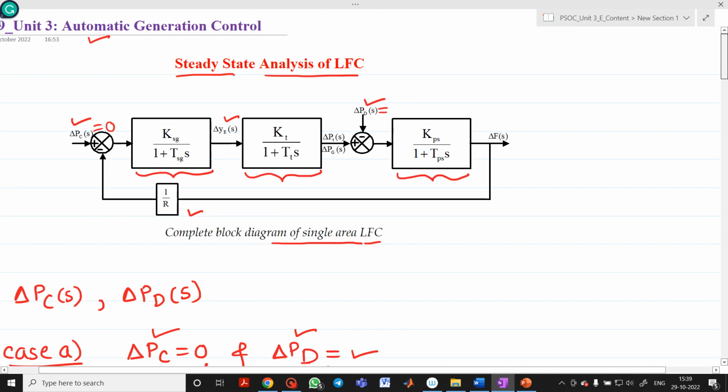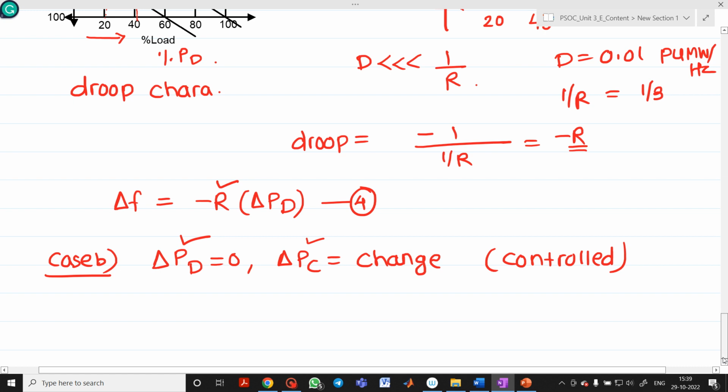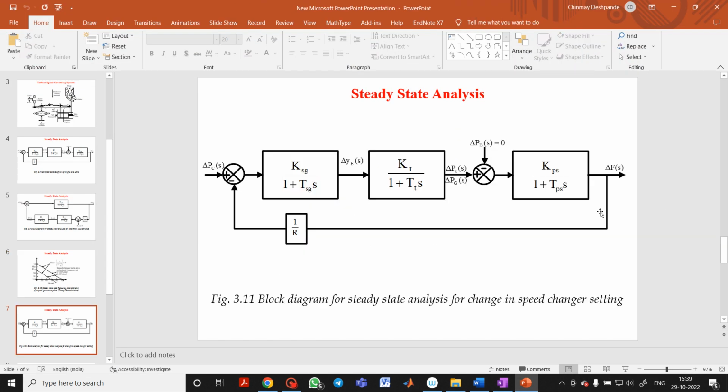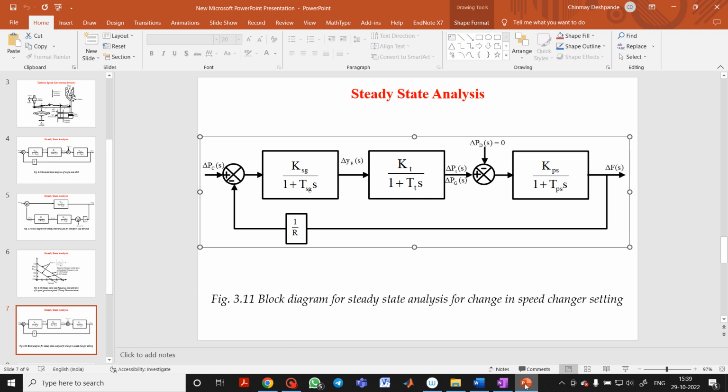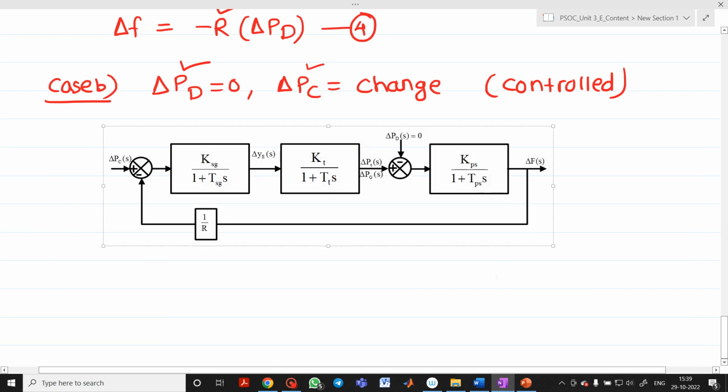I am taking this input and making it 0, so I will redraw the first diagram. Let me open this diagram and directly copy paste it, because I have already drawn it. So for case B, this particular diagram applies, where delta PD equals 0 and delta PC alone is acting.